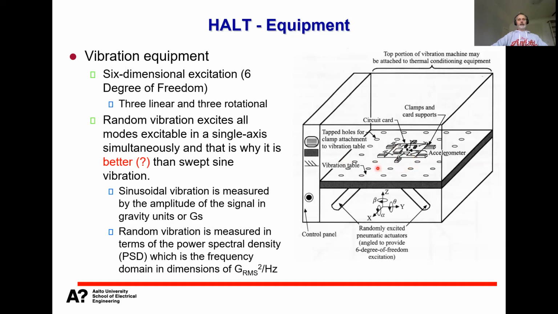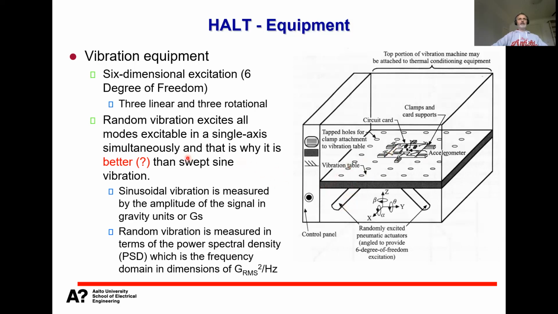And what is, let's say, a drawback on these is that with these pneumatic hammers, you cannot produce very even power spectral density at very low frequency. So if you want to go to a frequency of 1 hertz, so basically 1 cycle per 1 second, then these are not capable of having very high G values on those.